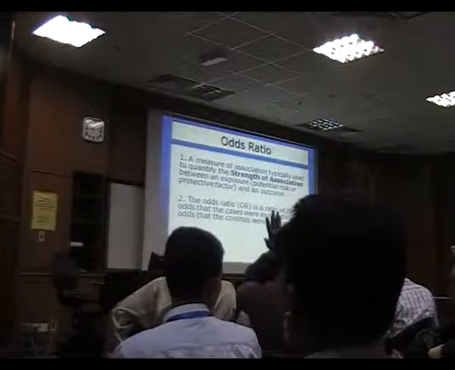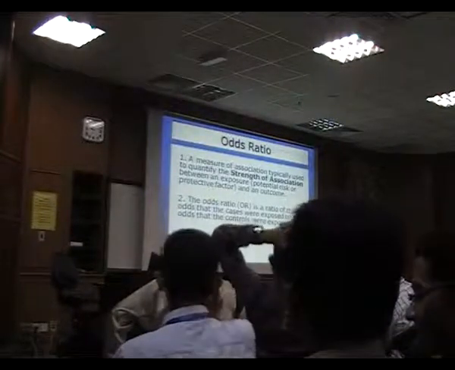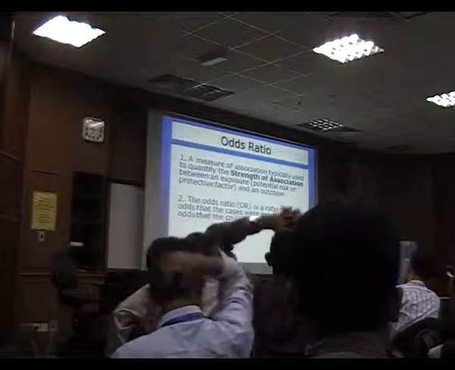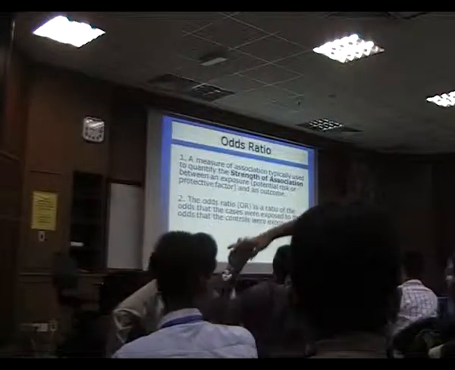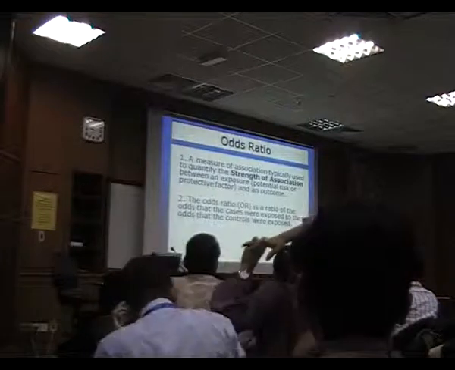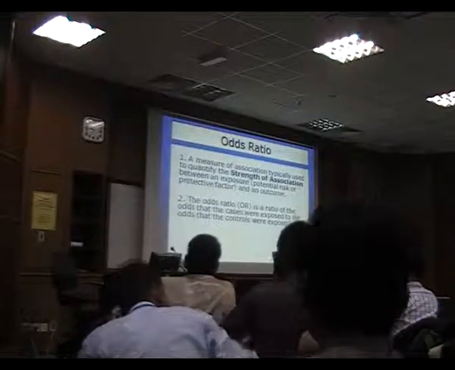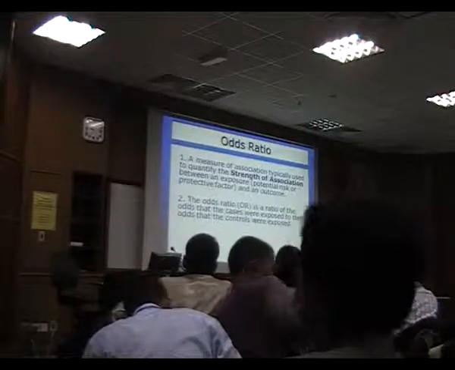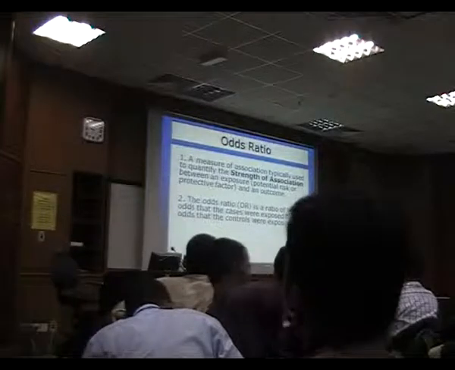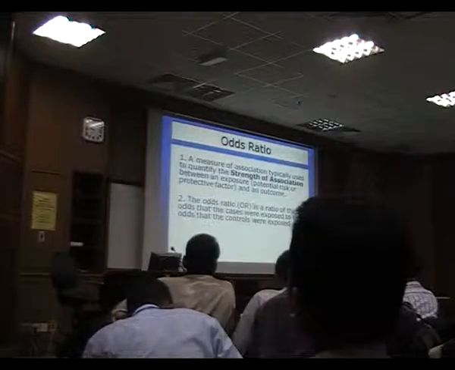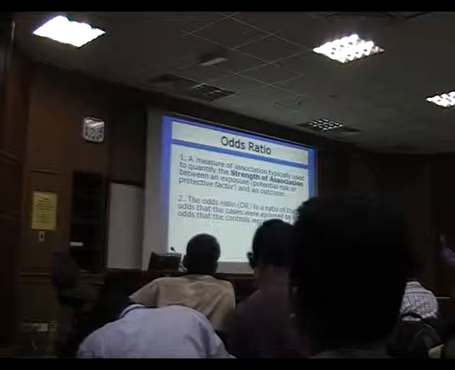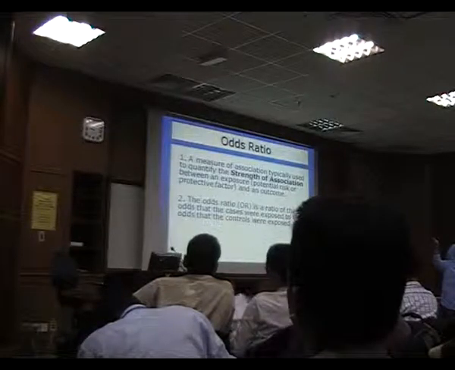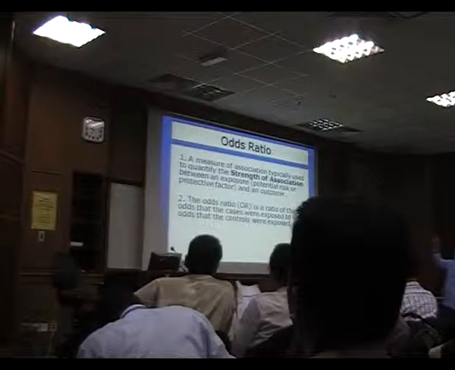In a case control study, the only measure of association is the odds ratio, because you always want to look at the association between exposure and disease outcome. You have to calculate the odds ratio.